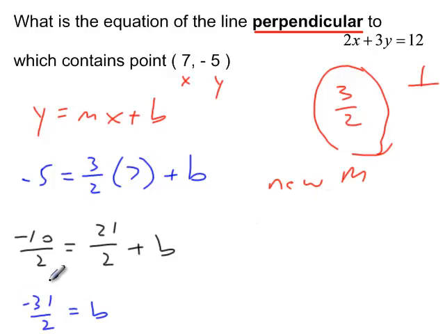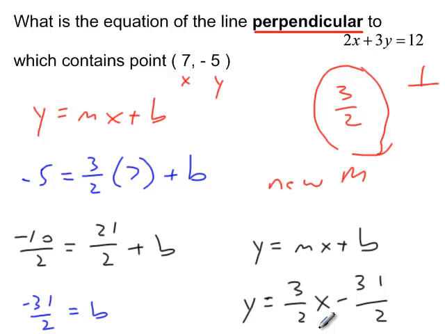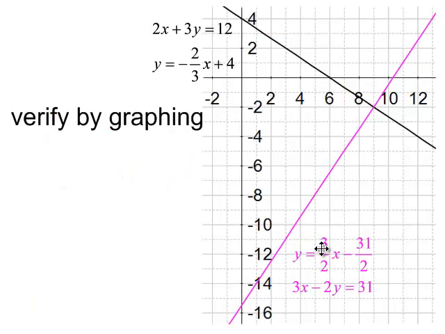And now you have your b, you have your new m, so you write y equals mx plus b. Y is equal to the new m, 3 over 2x, and then there's your b, minus 31 over 2. Let's verify that in the next page. Yep, that works. There's your original equation.